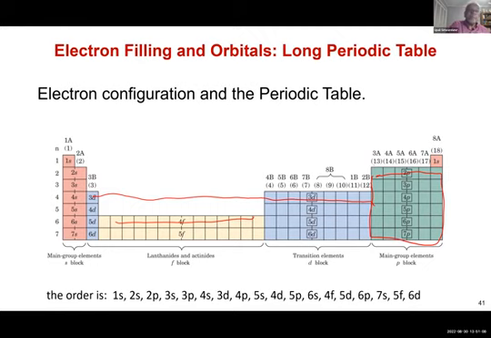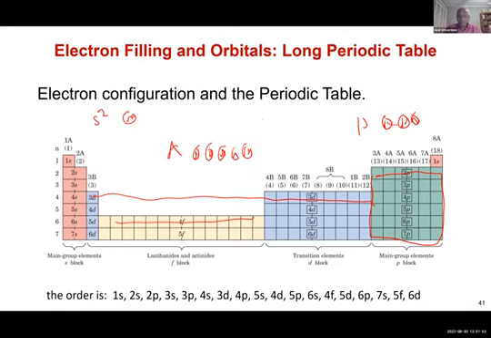S can have a maximum of 2 electrons, a pair of paired electrons. P orbitals can have 6 electrons. D orbitals have 5 orbitals, shown paired up here. F orbitals have 7. So the maximum number of electrons in an S orbital is 2.